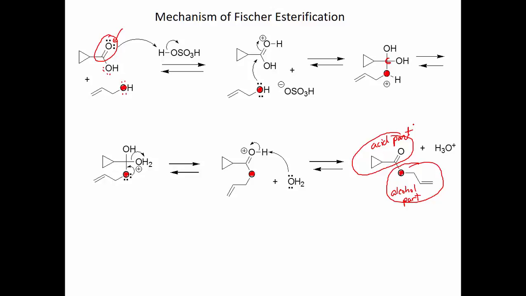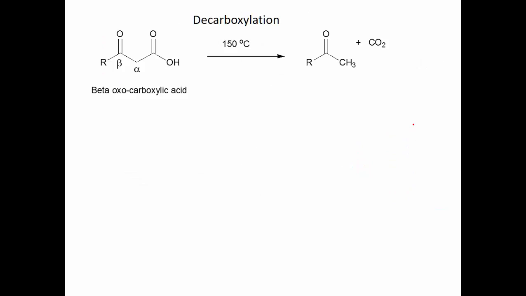Okay, all right, so let's look at another reaction. This is unique to what we call beta-oxocarboxylic acids. As long as we have some sort of carbonyl group in the beta position relative to the carboxylic acid group, we can thermally decarboxylate.